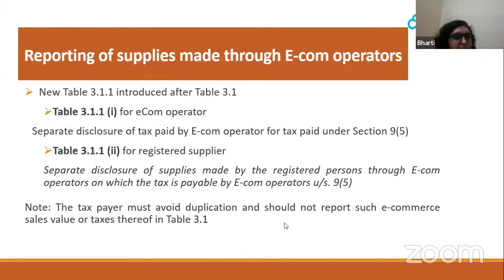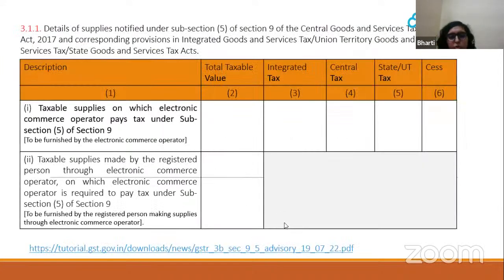Table 3.1.1 has two parts. In the first part, the taxable supplies on which the e-commerce operator pays tax under subsection 5 of section 9, these figures will be auto populated as given by the e-commerce operator. In part 2 of this table, the total taxable value will be entered by the seller.